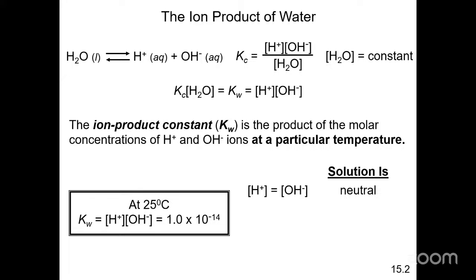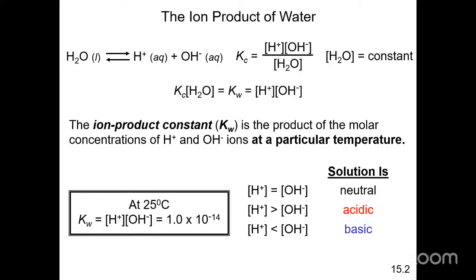You can have situations, however, where the concentrations are different. So if the concentration of H plus is greater than the concentration of OH minus, then we say that the solution is acidic. On the other hand, if the concentration of H plus is less than the concentration of OH minus, then we say that the solution is basic.